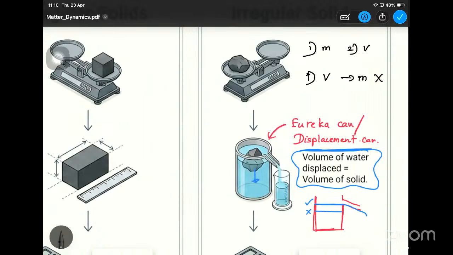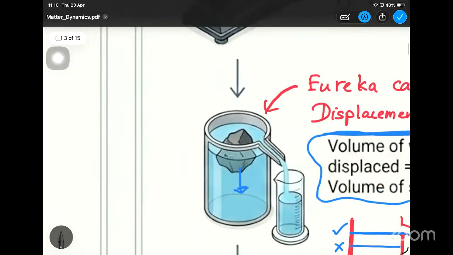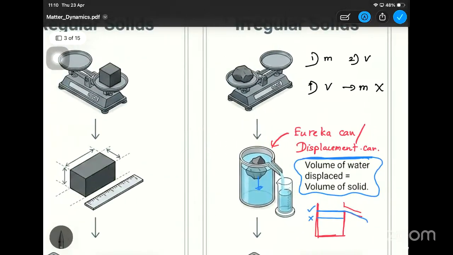The reason is that we don't know whether this irregularly shaped object, this substance, is going to absorb water. If it is absorbing water, then in the second step we will be measuring a higher mass, which will lead to a false result.